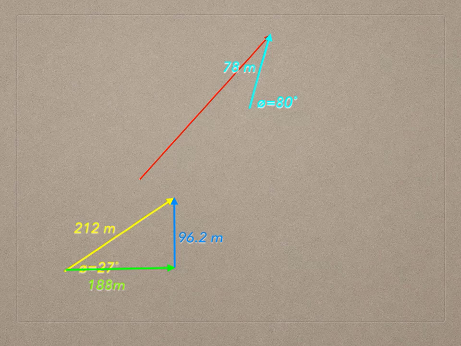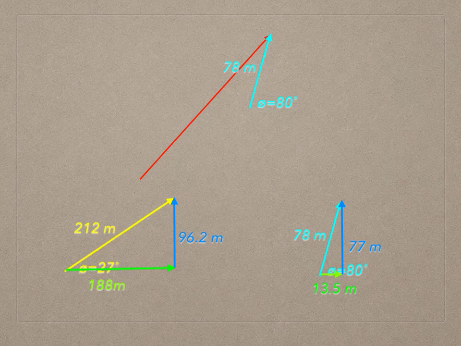Then let's do the same thing with that light blue vector. Let's find its components. It's got an eastward component and a northward component, and we can find the eastward component by taking 78 times the cosine of 80 degrees. That's 13.5 meters. We'll find the northward component by taking 78 times the sine of 80 degrees. That's 77 meters.